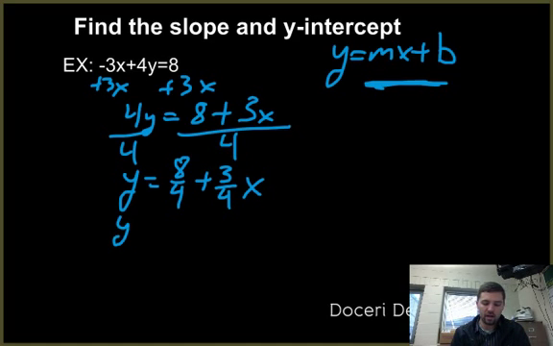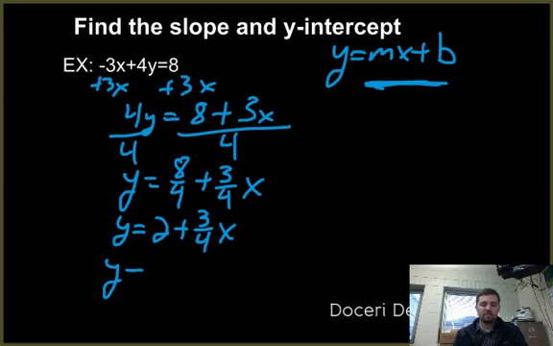So this is y equals 2 plus 3/4 x. That's slope-intercept form, and on a test this would be fine, but proper slope-intercept form is y equals 3/4 x plus 2.